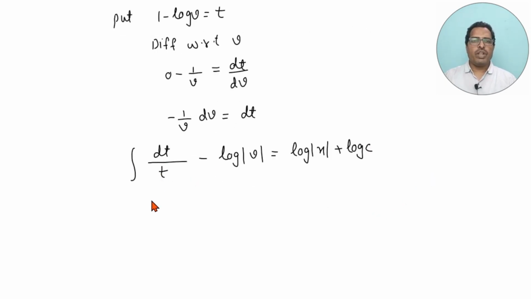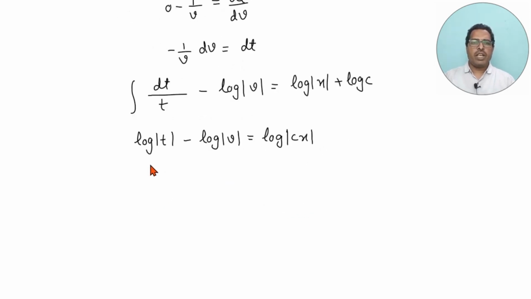Further, this integral of dt by t will be nothing but log of mod t, minus we have log of mod v is equals to, now this is in the form of log m plus log n, which can be written in the form of log m into n. So therefore we can write it as log of mod cx.